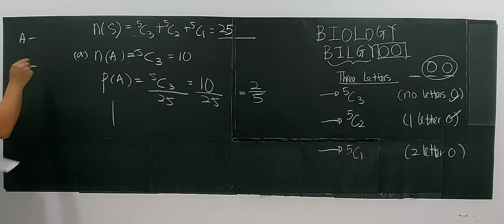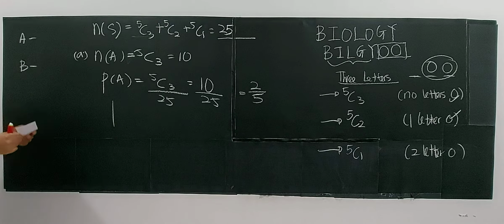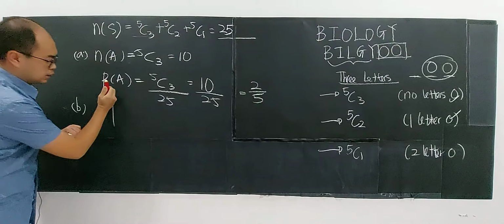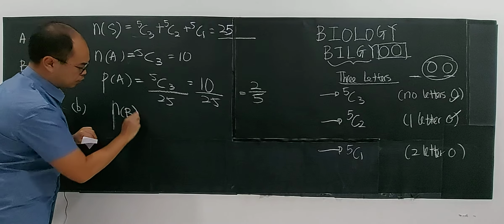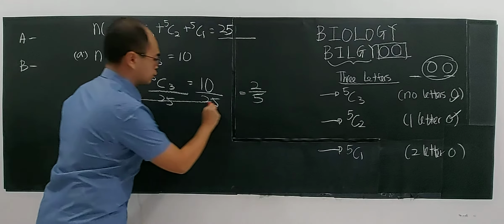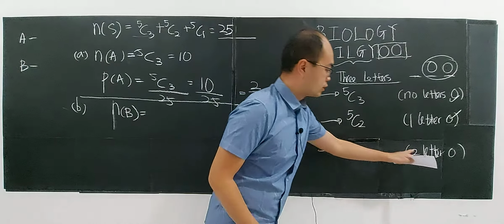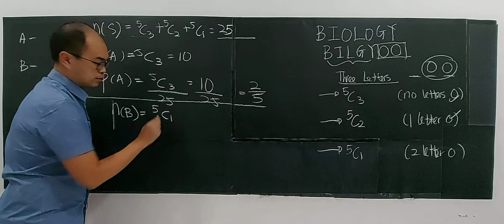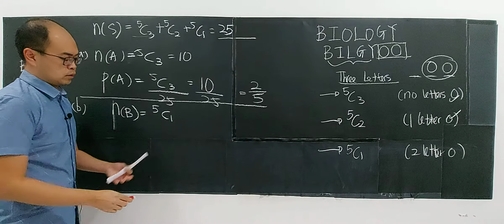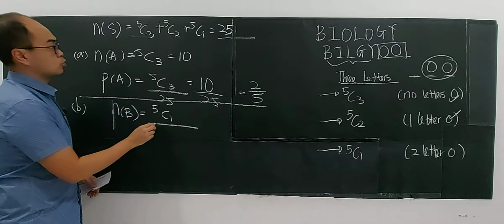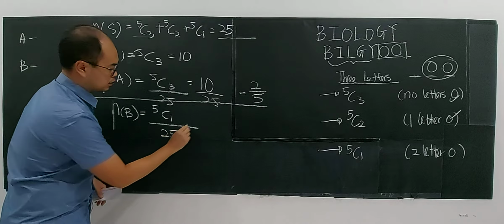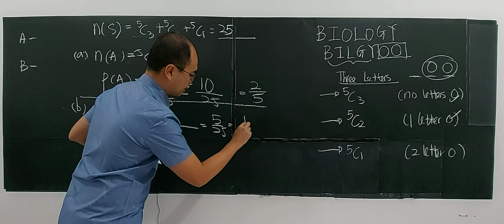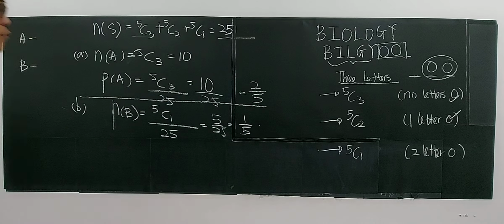B is the event that the selection contains both the letter O. Your n(B) contains two letter O, which means 5C1. Divide by the total possibilities, which is 25. That gives you 5 over 25, which is 1 over 5.